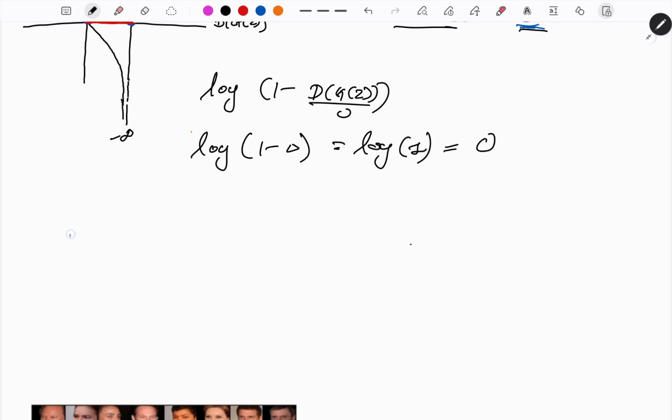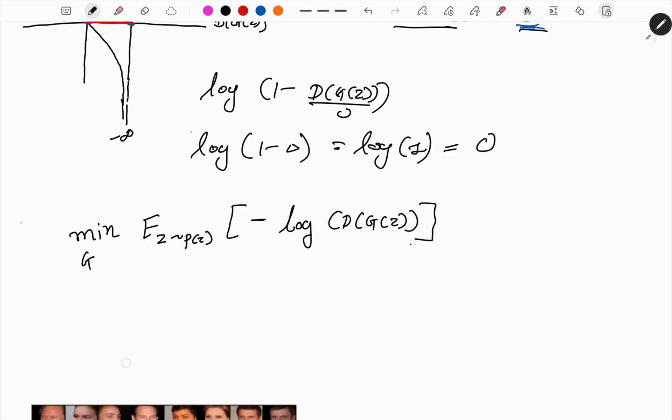let me write here: minimize over G, expectation where z comes from p of z, negative log of D of G of z, and this corresponds to the generator.